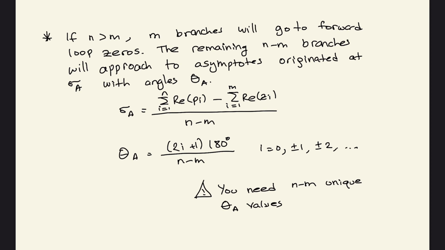This will be super clear in the next example. We use this equation, (2i plus 1) times 180 divided by n minus m, and you are going to give i the values 0, plus 1, minus 1, plus 2, minus 2, and so on and so forth. You are looking for n minus m unique or different angle values.